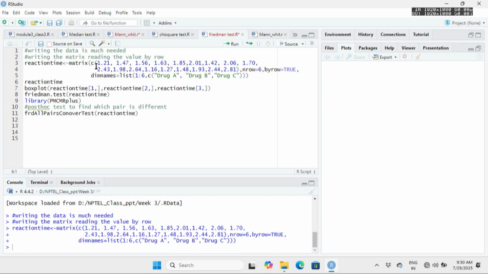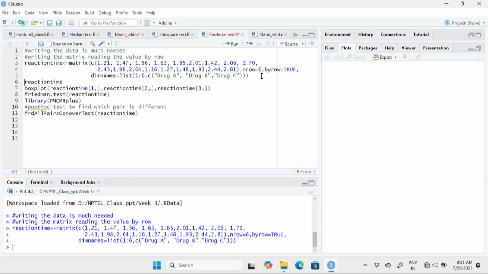Writing the data is much needed, but in this case, as I have told, you have to present your data in a rectangular array, so you know how to write a matrix in R. So the syntax is like that: matrix, bracket c, bracket 1.21, I am just writing all the observations. You have to mention the row number, nrow is equal to 6 and byrow is equal to TRUE.